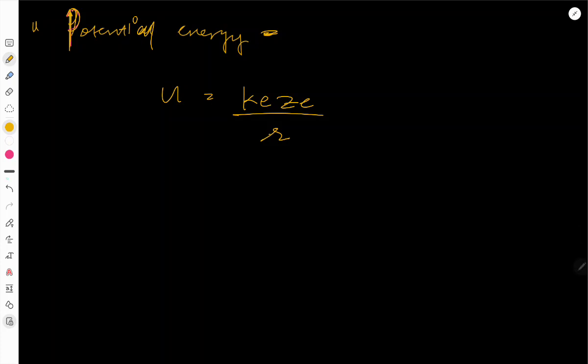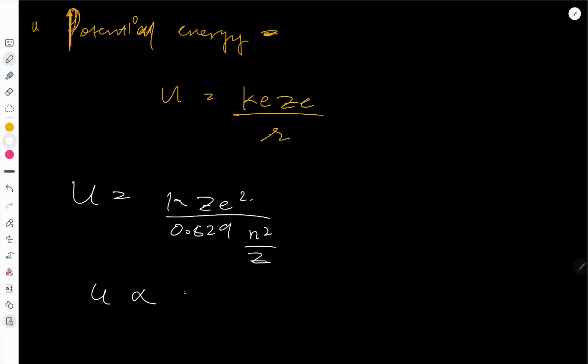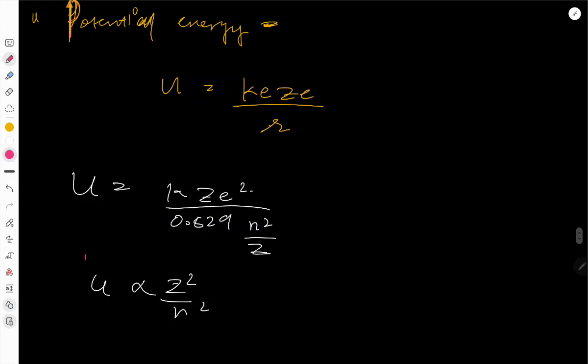This is the potential energy. So U equals k z e square upon 0.529 n square by z. Therefore U is directly proportional to z square by n square.